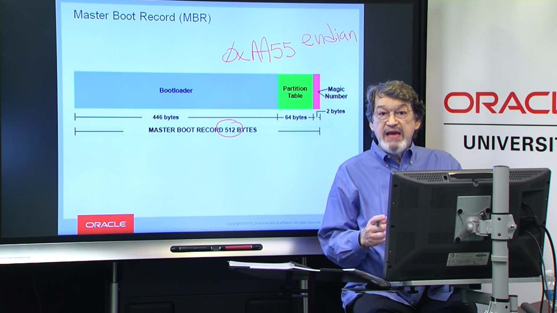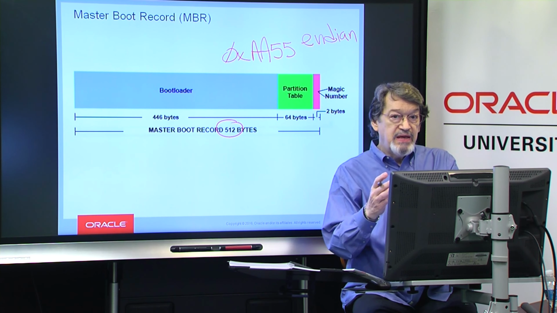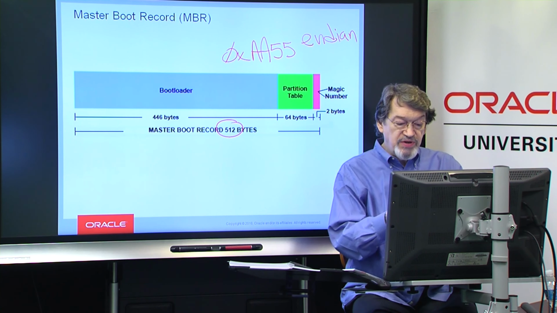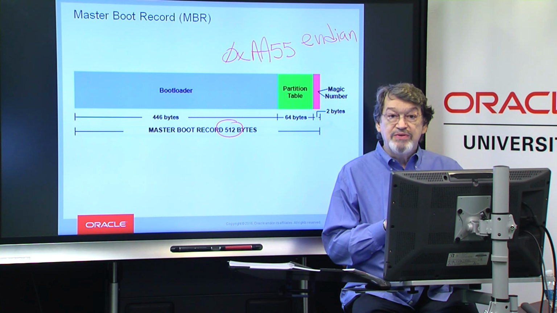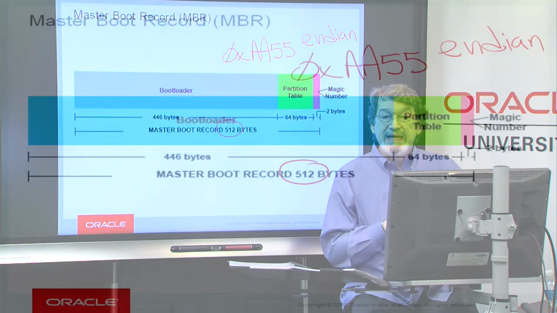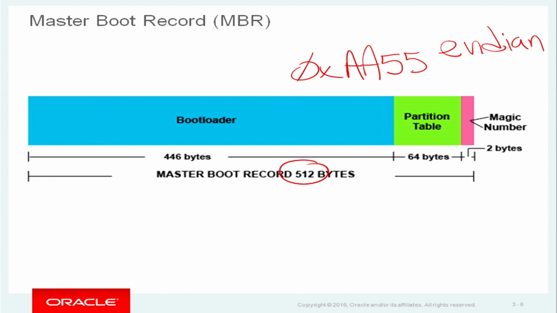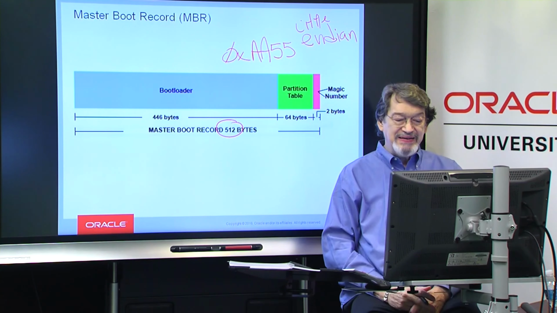And if those aren't there, then the BIOS loading it considers it to be a bad master boot record, and it will not boot it. And so once again, this is little endian, L-I-T-T-L-E.